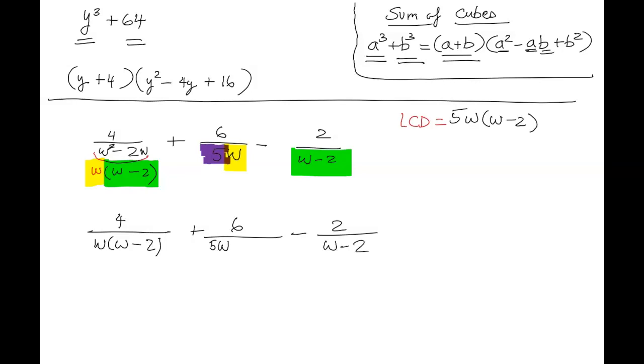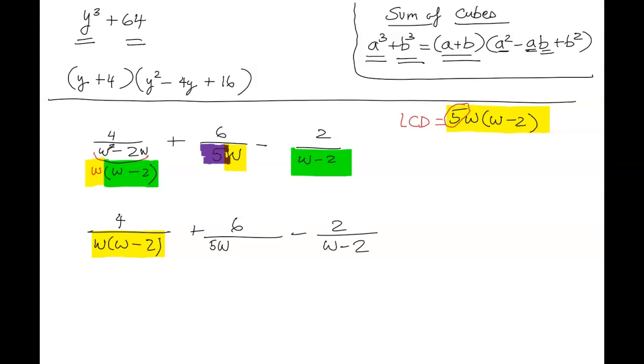All right, so if you were to compare this, so we can go from there and find our equivalent expression. Okay, so if we're comparing this here to my LCD, what is missing from here? Well, the only thing missing is the 5, right?